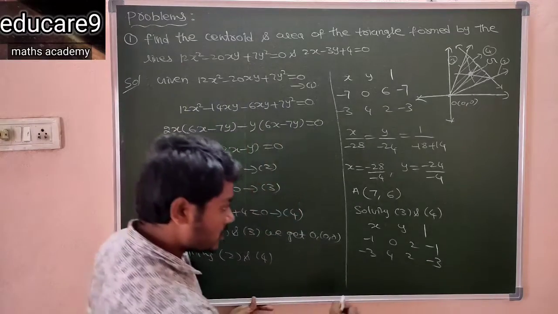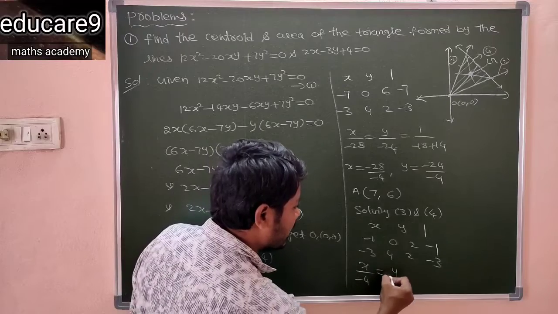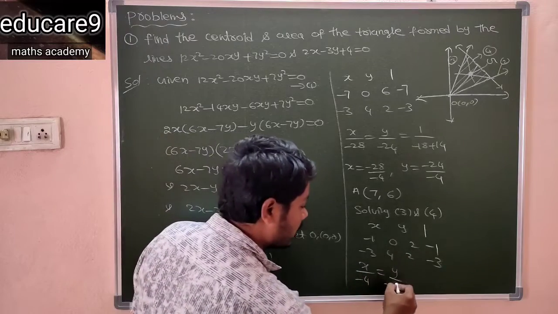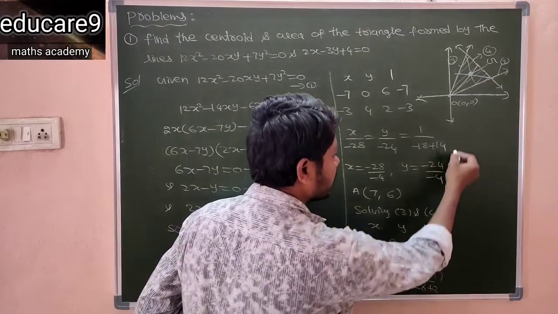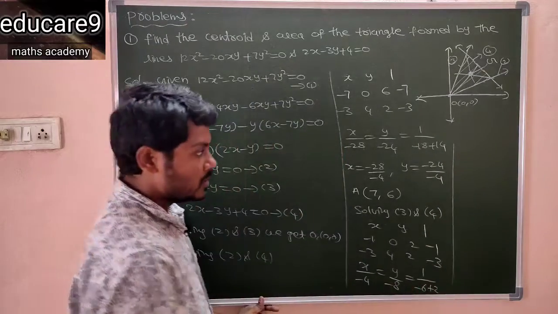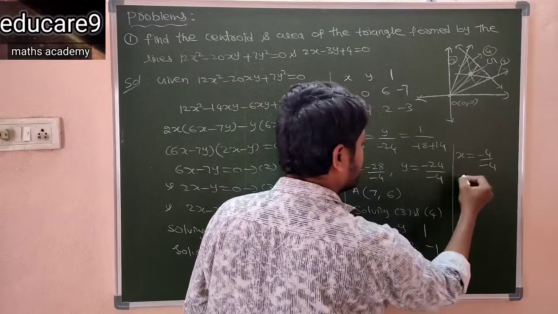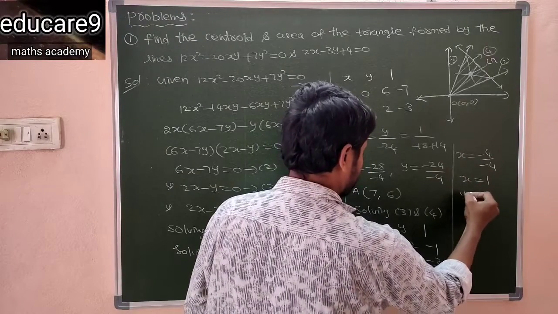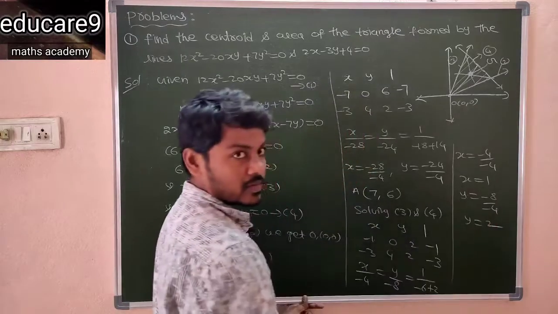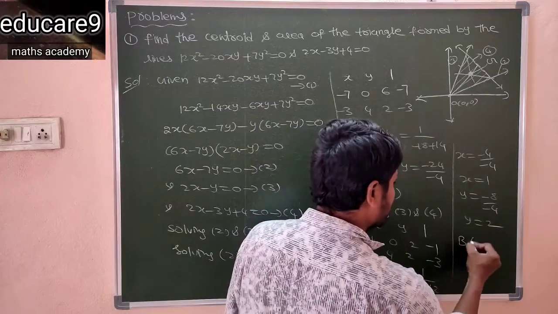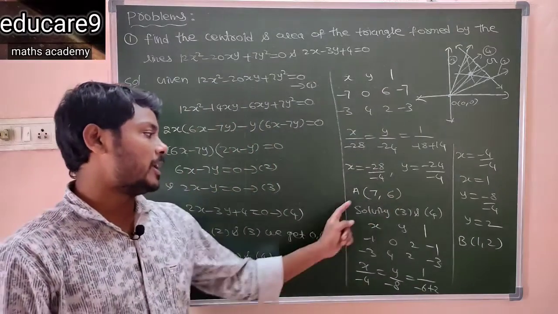So clearly x by minus 4 and y by 0 minus 8, minus 8, constant by minus 6 plus 2. So clearly x is equal to what? Minus 4 by minus 4, x is equal to 1. Y is equal to minus 8 by minus 4, y is equal to 2. Therefore point B is what? 1, 2. Clearly we will get 3 points.